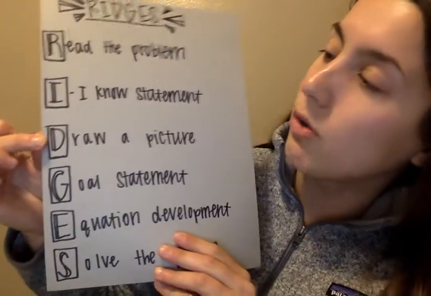Now moving on to the next step in RIDGES, which is draw a picture. So I'm going to draw 30 fish.